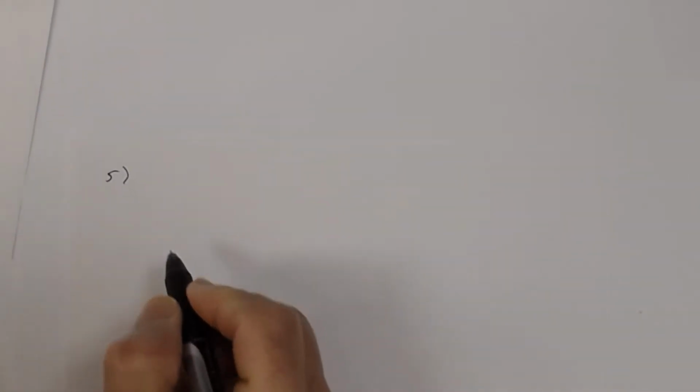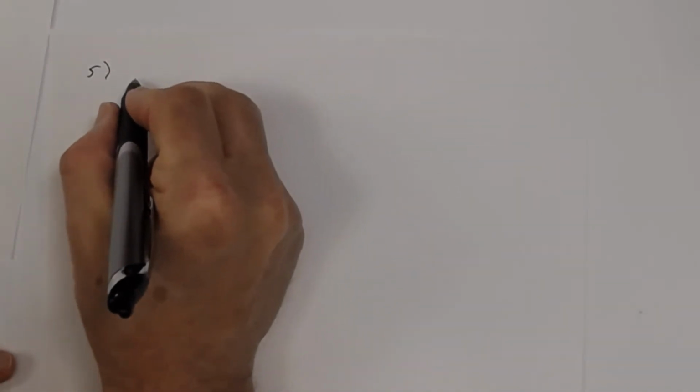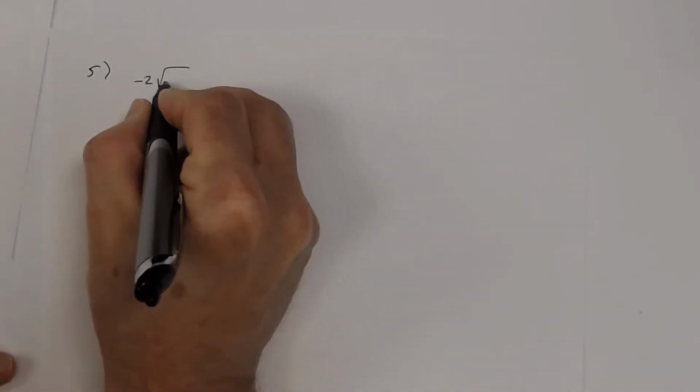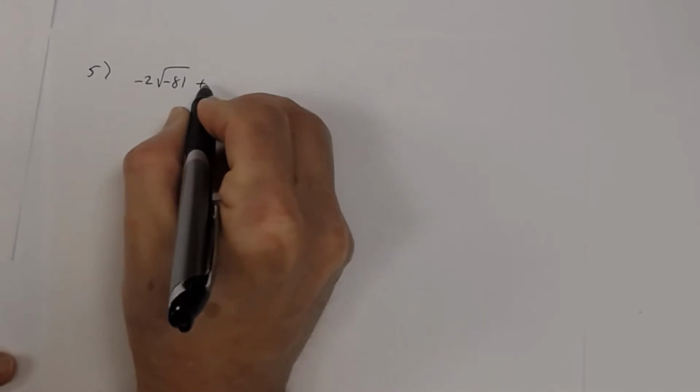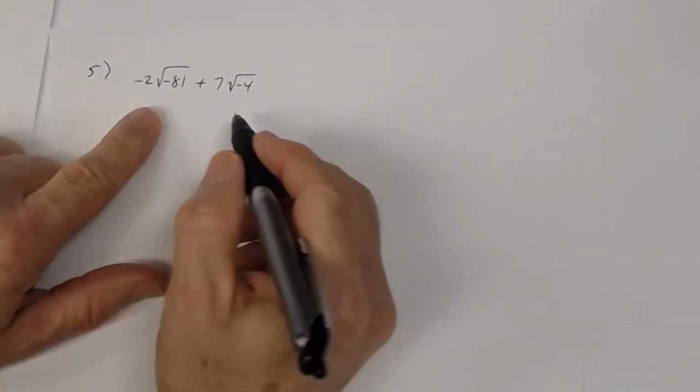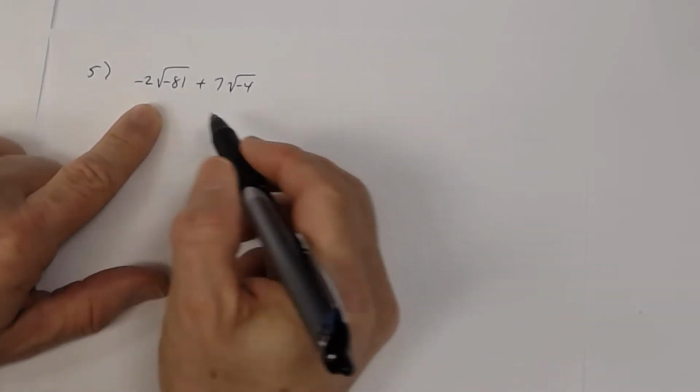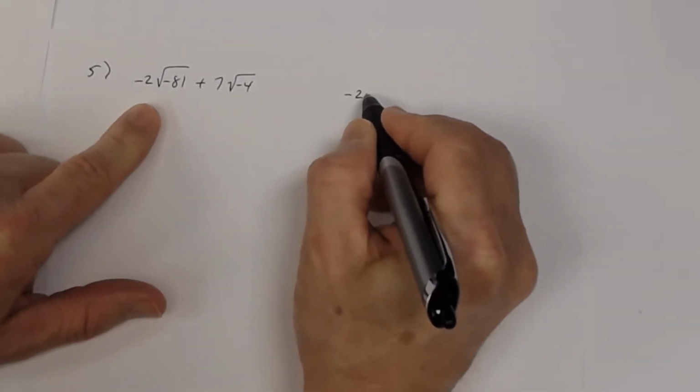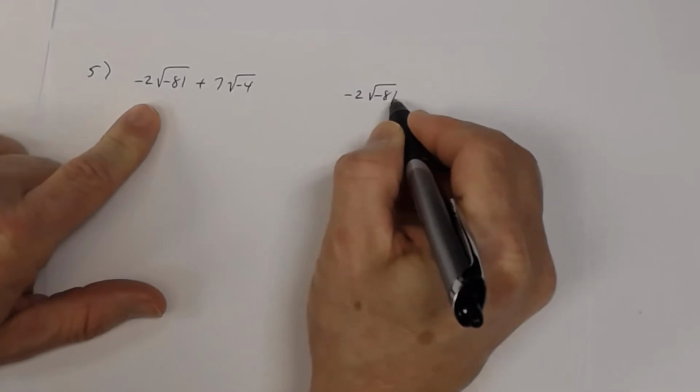So number 5, we have negative 2 times the square root of negative 81 plus 7 times the square root of negative 4. Let's look at this first term first. I'm going to rewrite it here: negative 2 times the square root of negative 81.